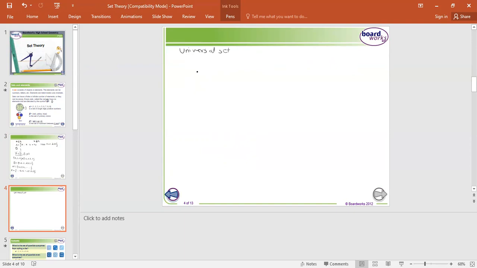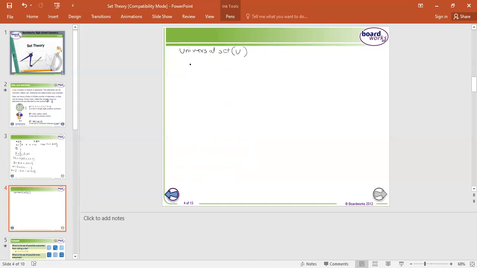A set that contains all the elements in the universe of discourse is called as universal set. It is denoted by U. Normally, anything under consideration is part of the universal set. So anything other than universal set is an empty set.